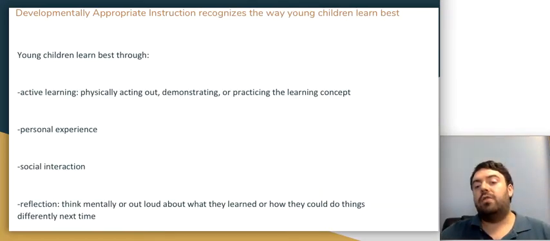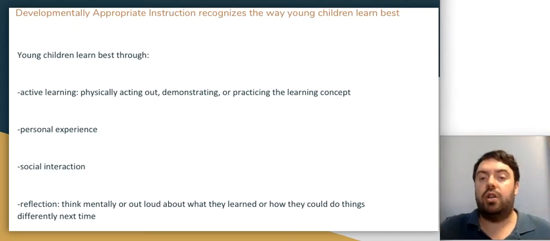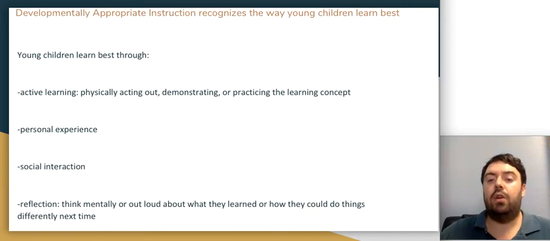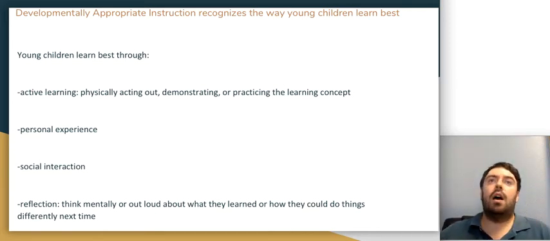Another thing we have to understand when we teach through developmentally appropriate instruction is the best practices in teaching young children. So research shows us that young children learn best through active learning. So students are the ones that are either physically demonstrating what they've learned, acting it out, or they're the ones having the discussions.